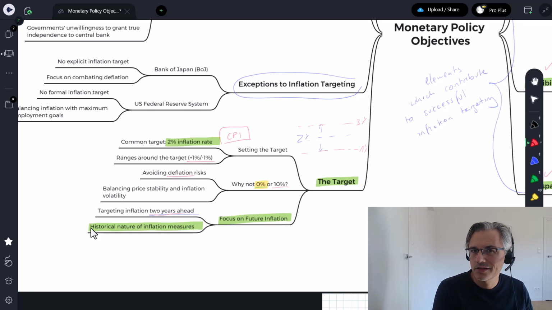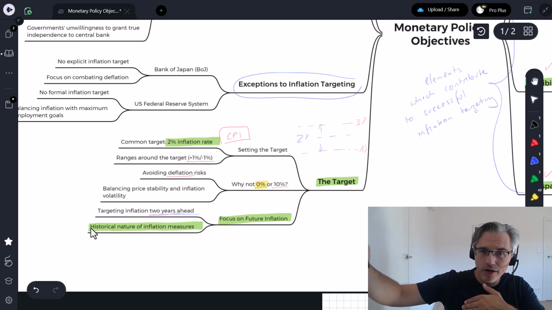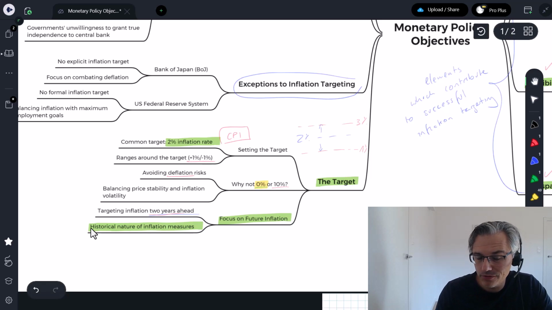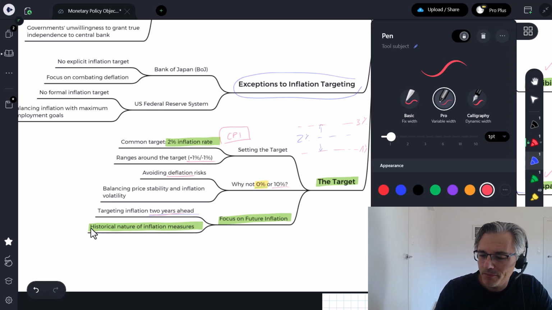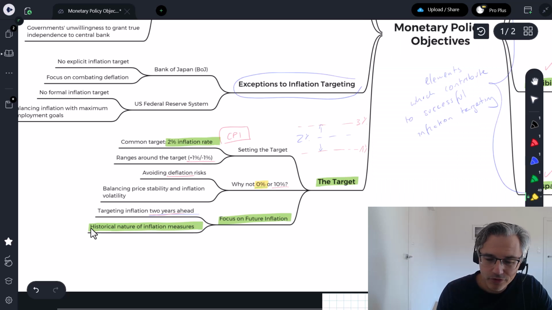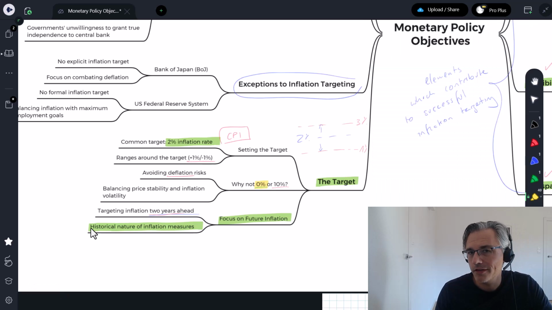It typically takes time for people to start reacting in a specific way, which is why we target inflation ahead, and that horizon is very often something close to 2 years. Now, this is perfect material for what could hypothetically be a theoretical question.